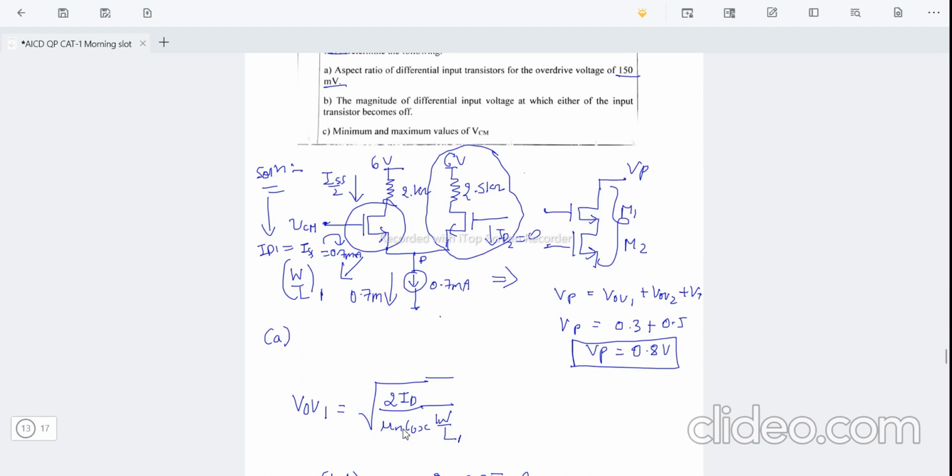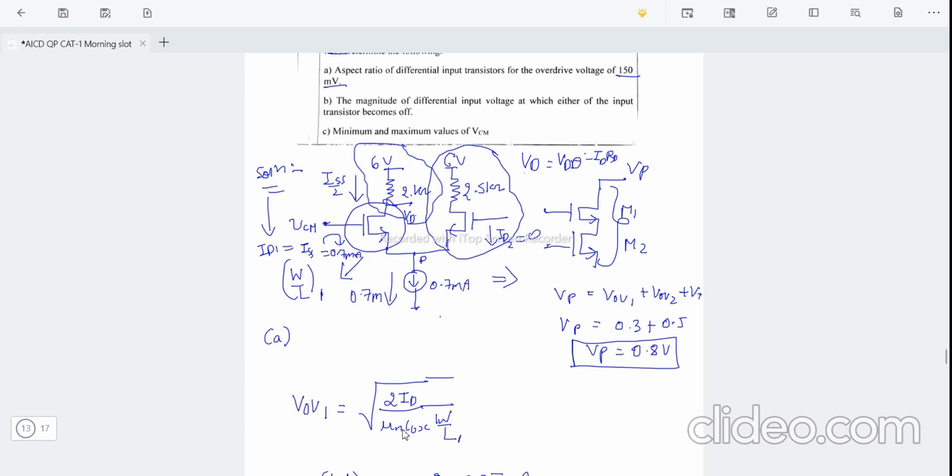So VD would be VDD minus ID times RD. This is the simple KVL which is applied here.